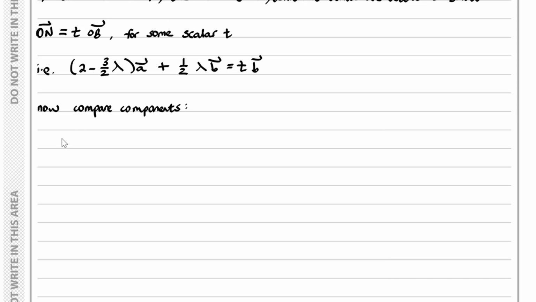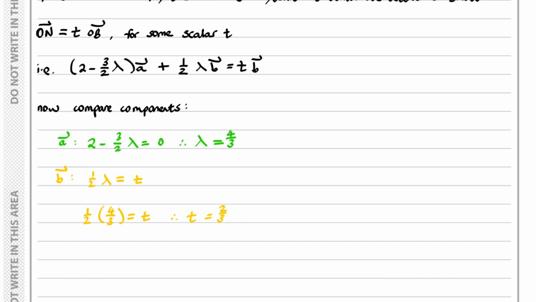Hopefully what you can see, if we compare the A component, in terms of A's, we have 2 minus 3 over 2 lambda equals 0. In other words, lambda is equal to 4 over 3. And now if we compare the B component, we have a half lambda equals T. So we have over here 1/2 lots of 4 over 3 equals T. In other words, T is equal to 2/3.